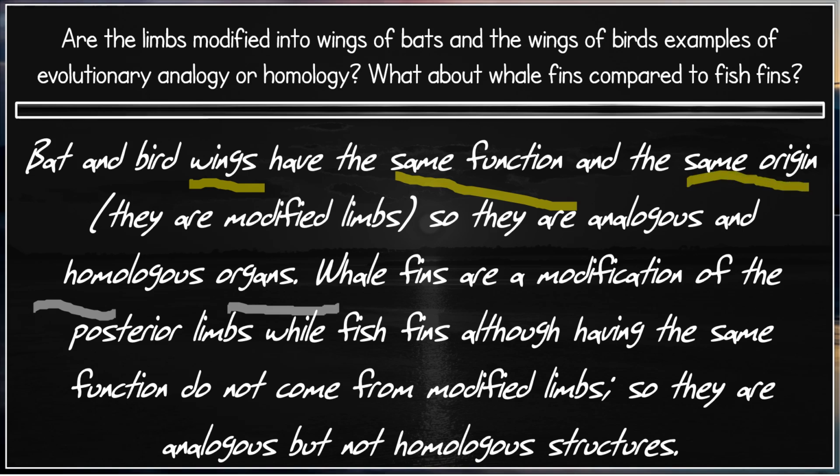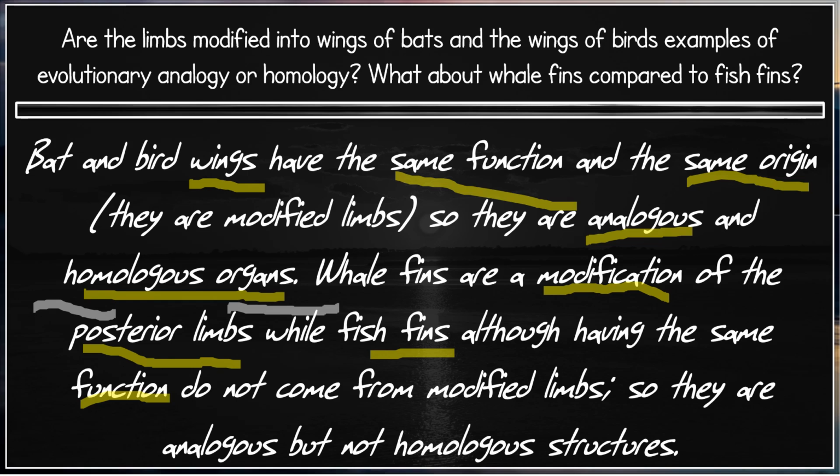They are modified limbs, so they are analogous and homologous organs. Whale fins are modifications of the anterior limbs, while fish fins, although they have the same function, do not come from modified limbs, so they are analogous but not homologous structures.